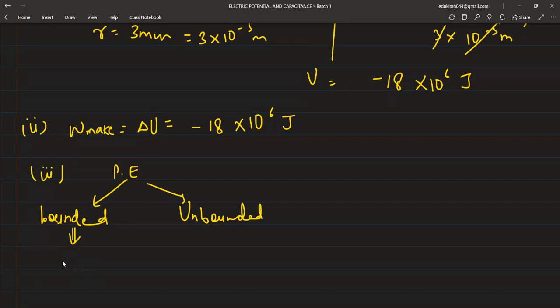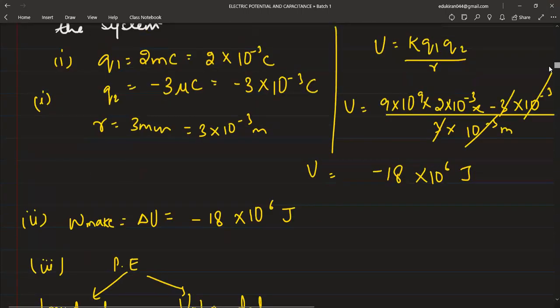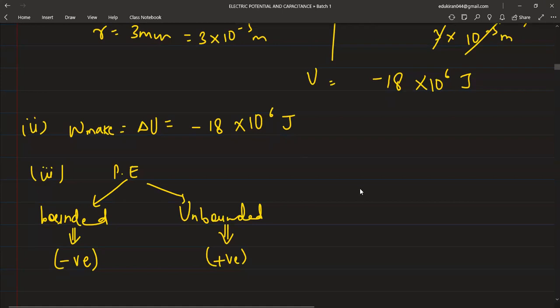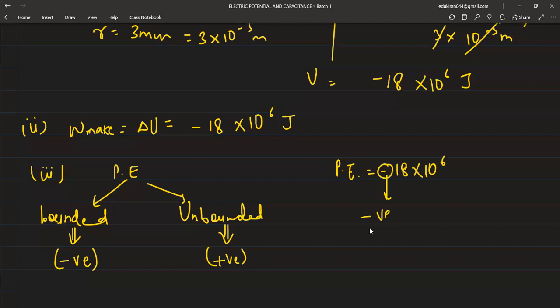Bounded means if it is negative of potential energy, and unbounded means if it is positive. All right. Now yours is minus 18. Our potential energy is minus 18 into 10 to the power 6. So this minus sign signifies negative sign, which indicates bounded. So yes, it is bounded.